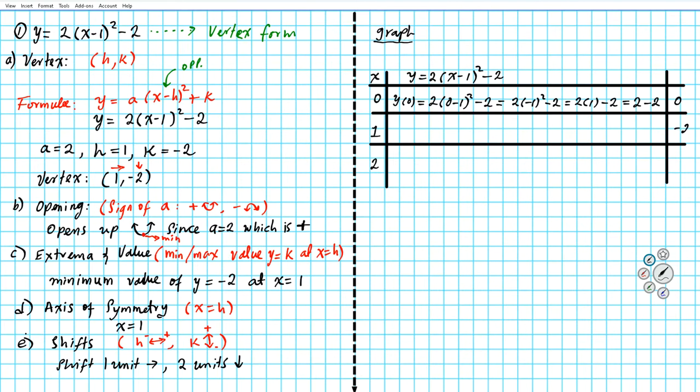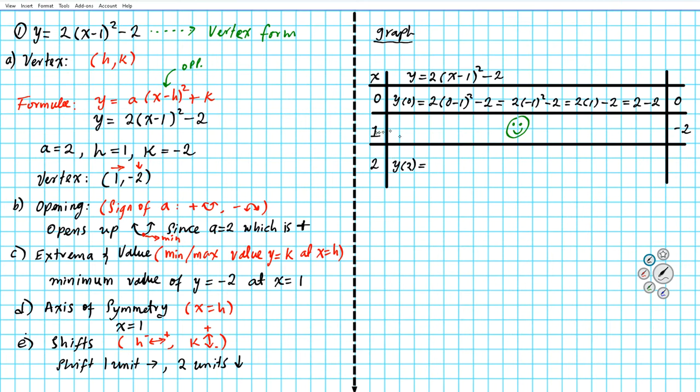So we don't have to do any work here. Let's put a happy face to reflect our joy that we don't have to do anything to determine what that output value is. We're basically taking the vertex and sticking it right here. All right, now, but the one after, we're going to actually have to do some work. So y of 2. Now, this is an important part where you're going to have to check the accuracy of your work.